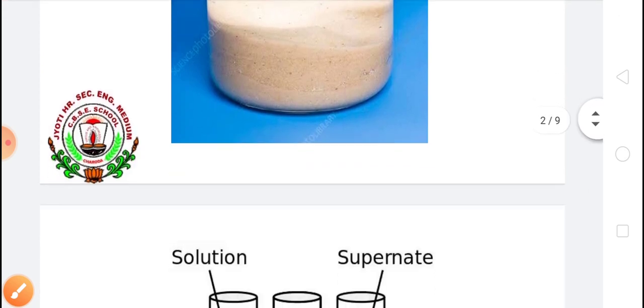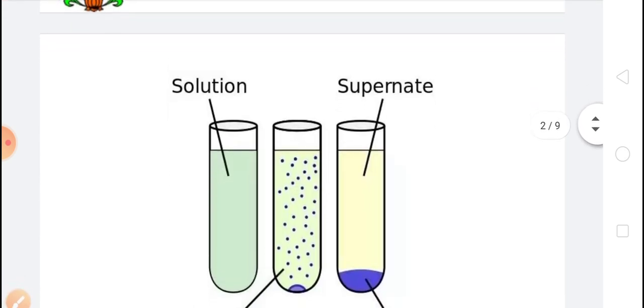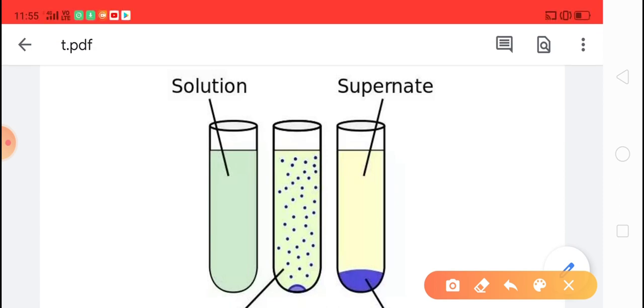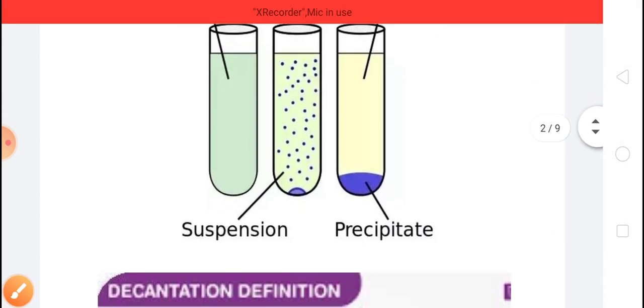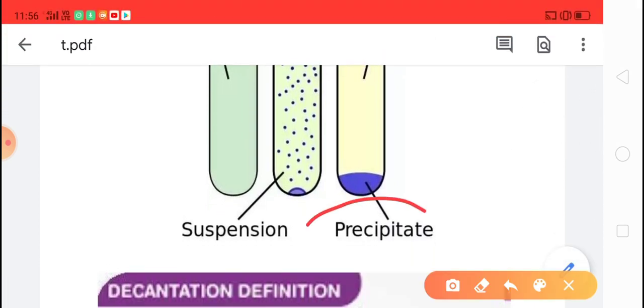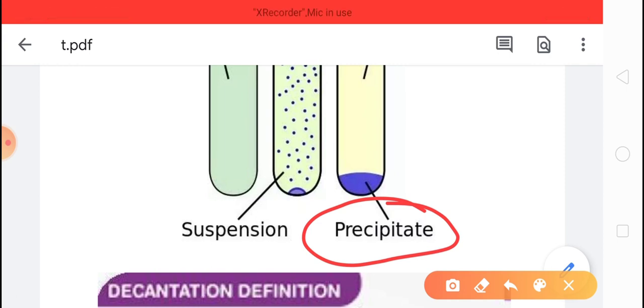The clear liquid is drained off gently and gradually by tilting the container. The top layer of clear liquid is called supernatant liquid, and the undissolved solid which is settled down at the bottom is called sediment.